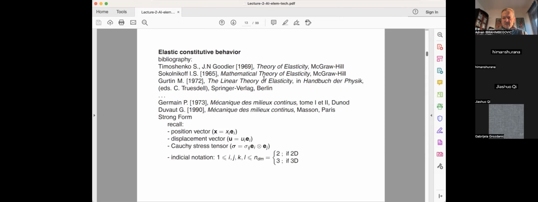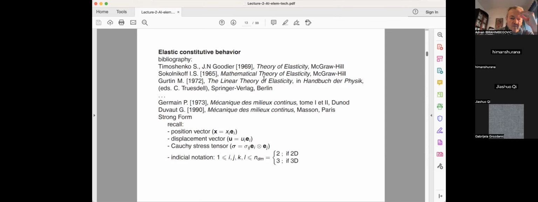He was a professor at École Polytechnique and secrétaire perpétuel de l'Académie des Sciences in France. So it was certainly an influential book. And then Duvaut was a professor, my habilitation advisor at Pierre et Marie Curie. He also wrote a book with a typical French approach, with the 3D version and all these things that I typically use.